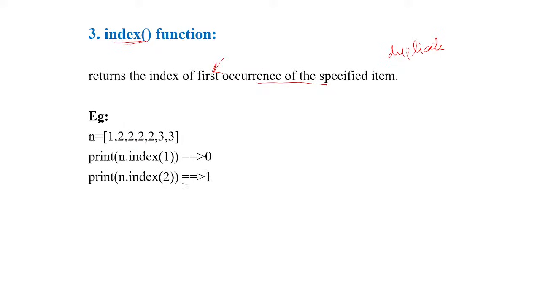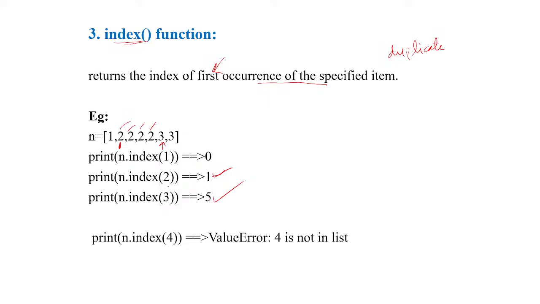If I say n dot index of 2, you can see 2 occurring 4 times here, but the first occurrence index is 1, so it returns the index value 1. Now if I ask what is the first index of 3, it is 0, 1, 2, 3, 4 and 5, so it returns the number 5.